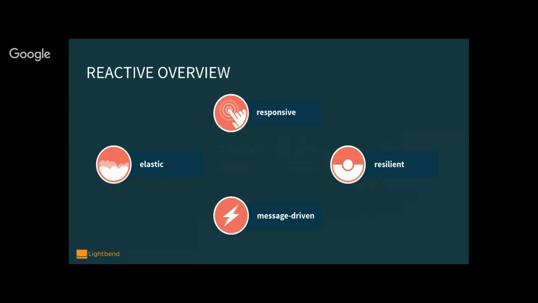The 2 pillars that hold up responsiveness are elasticity and resilience. And the idea there is, in order to be able to respond at all times, I have to be able to flex or be elastic, or what we a lot of times traditionally call scale, in and out or up and down, so that in the event of increased load, I can scale horizontally, or if it's in the event of increased processing, I can scale vertically.